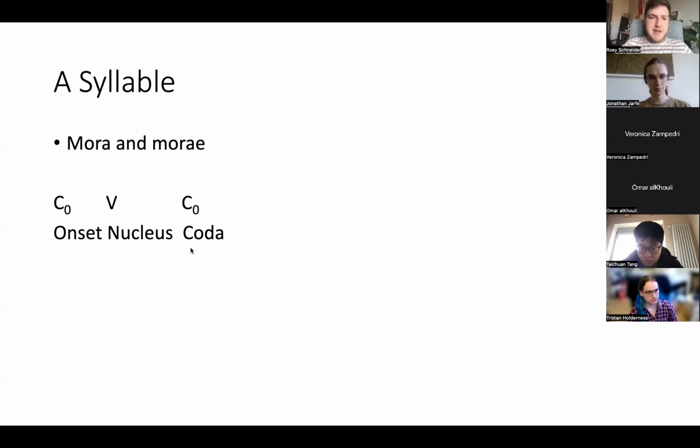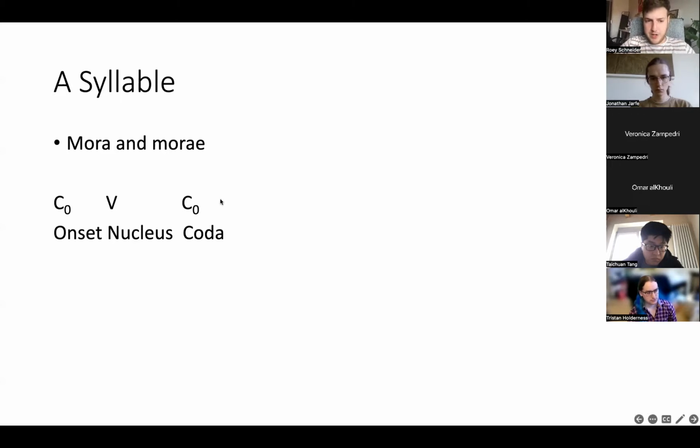Anyway, a syllable is made up of 3 components: an onset, which is the beginning. It could be a consonant, it could be more than one consonant, or it could also be nothing. Like there could be a syllable without an onset also. A nucleus, which all syllables have to have, which is usually a vowel, but some languages can also allow this to be some kind of consonant, usually a sonorant.